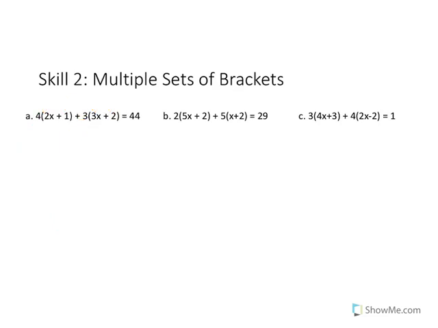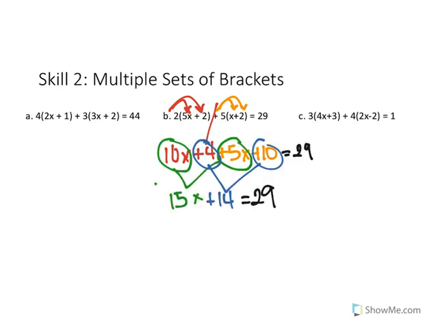So first on B, split the two problems up. And then go ahead and distribute out the work. Now once you have it extended, go ahead and collect like terms. Now once you've collected like terms, go ahead and solve the problem.